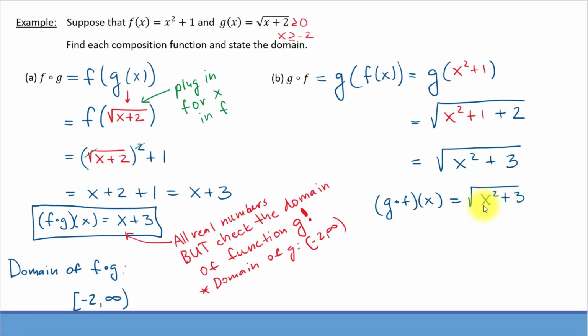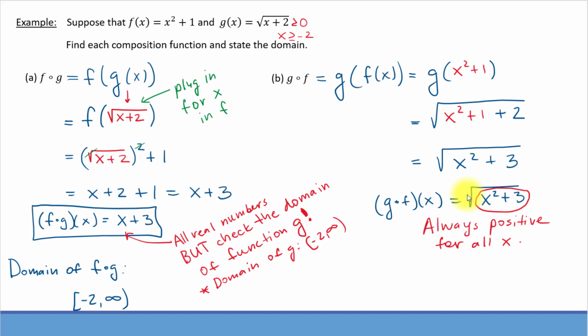Well, in this case, since it's x squared plus 3, that will always stay positive, no matter what x I use, positive or negative or 0. Once I square it, it will be always positive or 0 if I plug in 0, but then I add 3. So this expression is always positive for all x. So that means that we can use any real number for this resulting function.